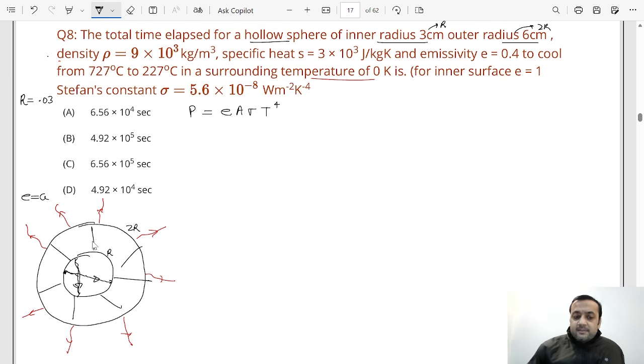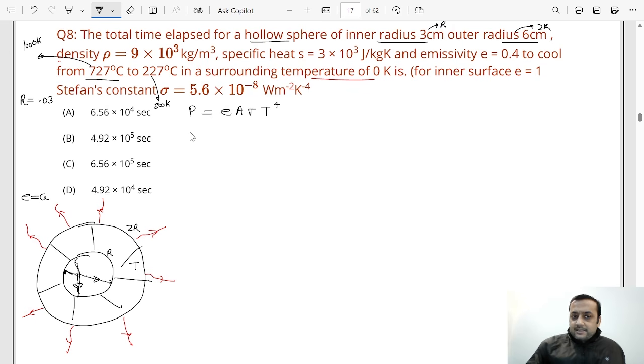Here T will be the instantaneous temperature of the body, because the body's temperature will continuously decrease. The starting value is 727 degrees Celsius, which is nothing but 1000 Kelvin, and 227 degrees Celsius means 500 Kelvin. So the body's temperature will continuously decrease from 1000 Kelvin to 500 Kelvin, which means the power radiated will also change continuously.